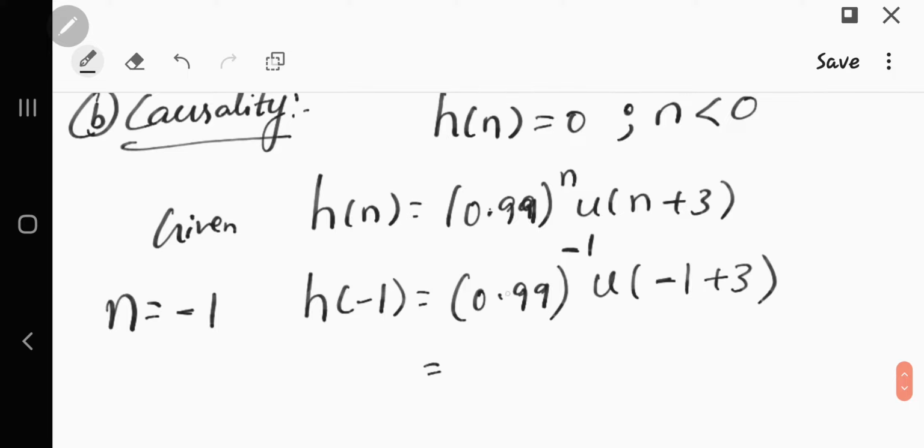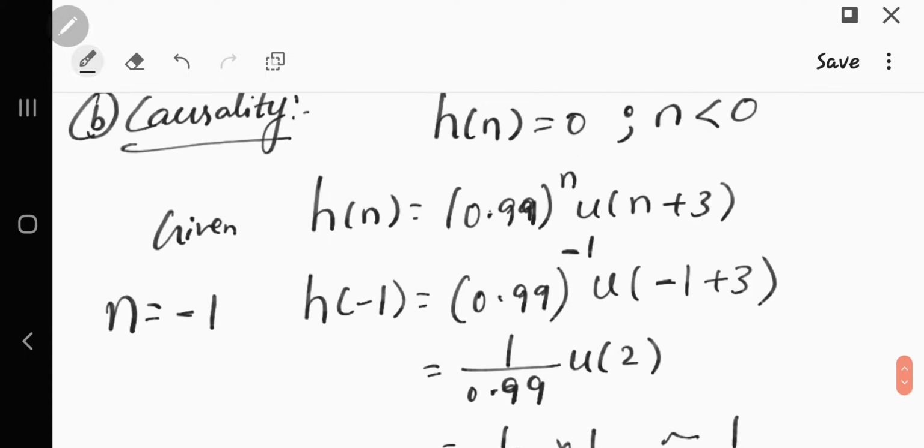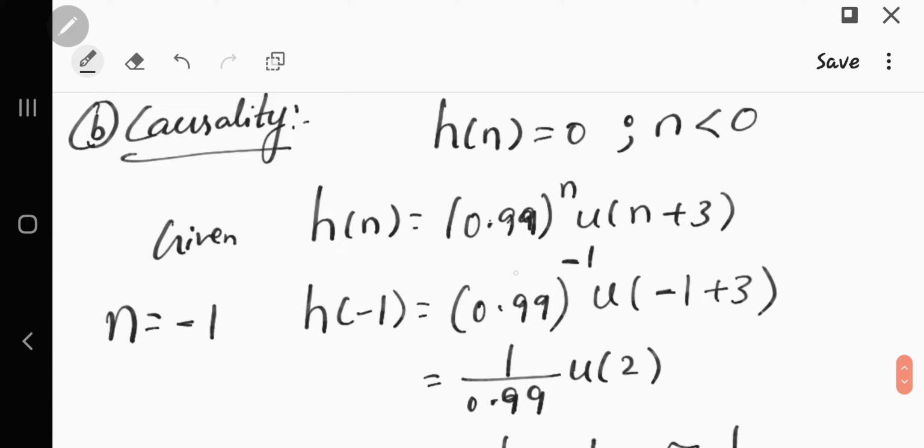So that gives me 1 divided by 0.99, which is almost equal to 1, and u of 2. Now u of 2 is 1 here, so 1 by 0.99 into 1, which will be approximately equal to 1 only. So that means for negative values of n, my impulse response is not equal to 0.